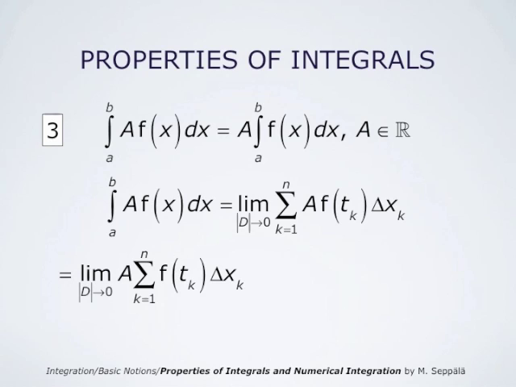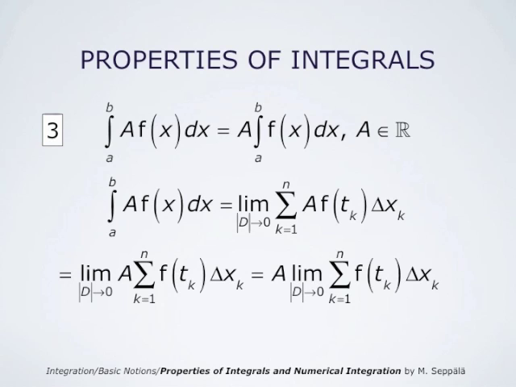So we conclude that integral from a to b, a times f of x dx is limit of the expressions a times summation k from 1 to n, f at tk delta of xk. But again, by properties of limits, this a can be taken outside of the limit process. So this is a times limit of the sums k from 1 to n, f at tk times delta of xk.